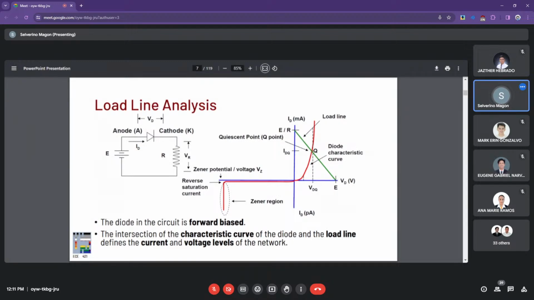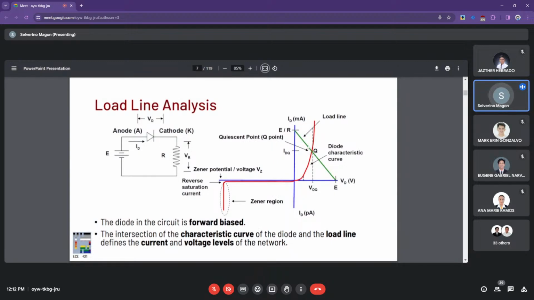Now, here we perform load line analysis by plotting this load line, which is the equivalent of the applied voltage, and you have a slope that is the ratio of the supplied voltage and the resistance.